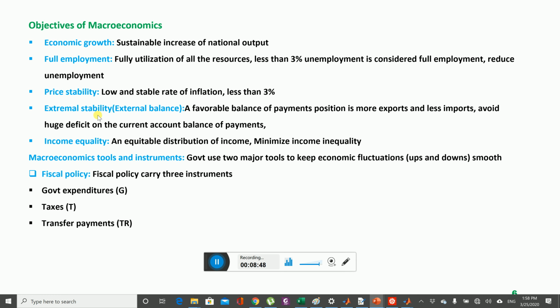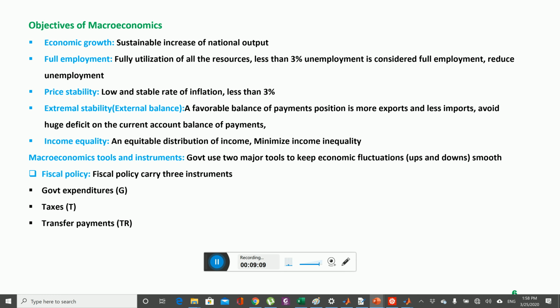The next one is external balance. External balance means the difference between the earnings from exports that Afghanistan sells to foreigners, and the payments for whatever Afghanistan imports from foreigners.